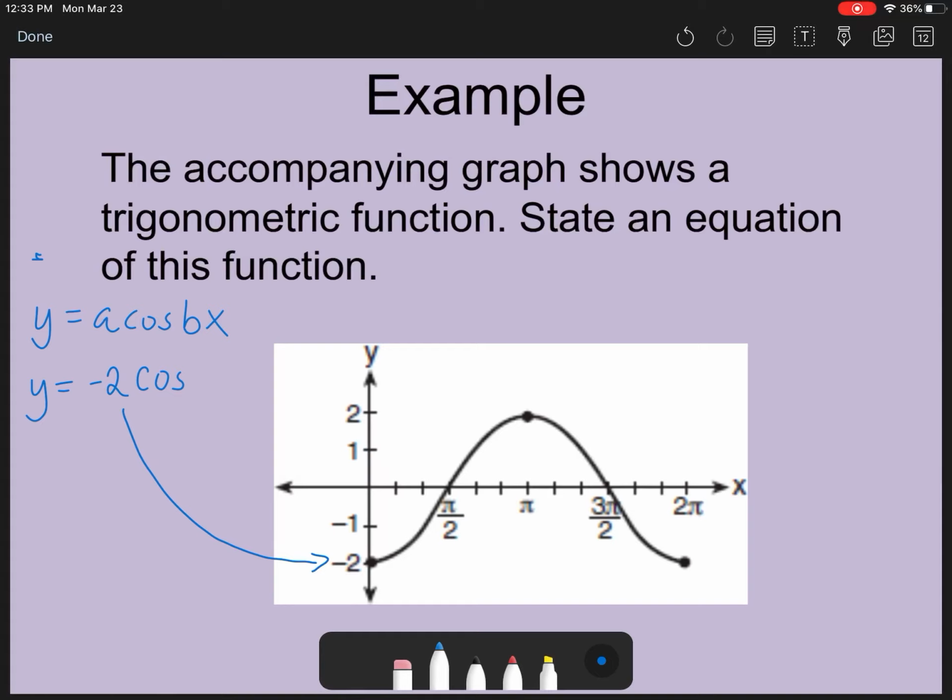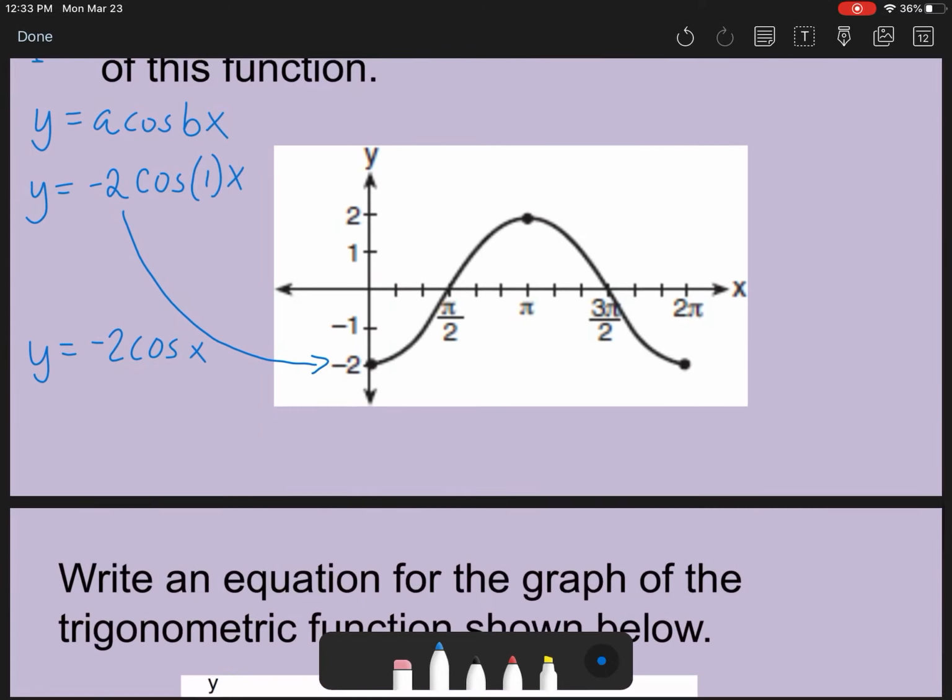Cosine, okay, and the b represents the frequency. How many cosine curves do we have going from 0 to 2 pi? Only 1, okay? So the b value is going to be 1. So cleaning this up, it's y equals -2 cosine of x.